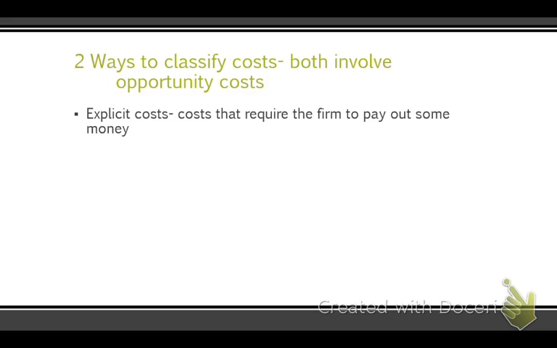Now these are opportunity costs as well, because the money you spend on those supplies could be spent on the supplies for something else that I could be earning money on. So even explicit costs are considered opportunity costs.